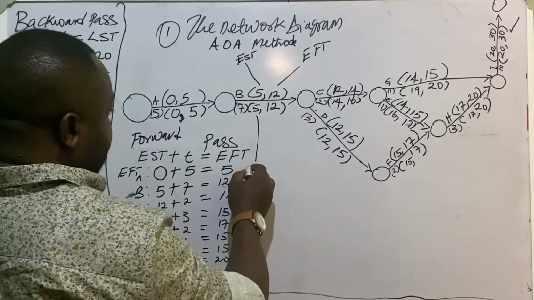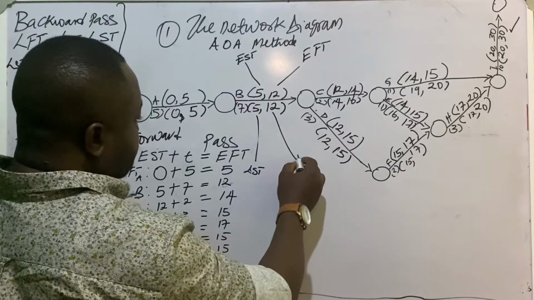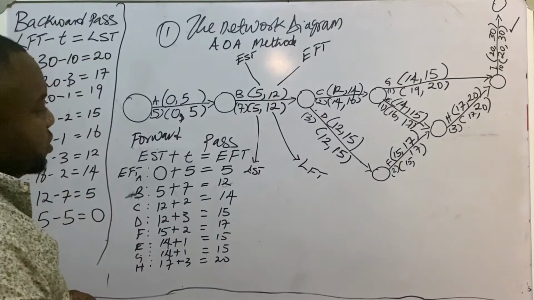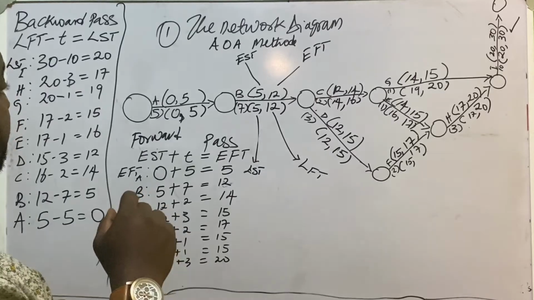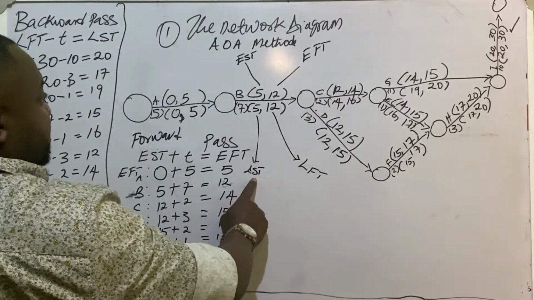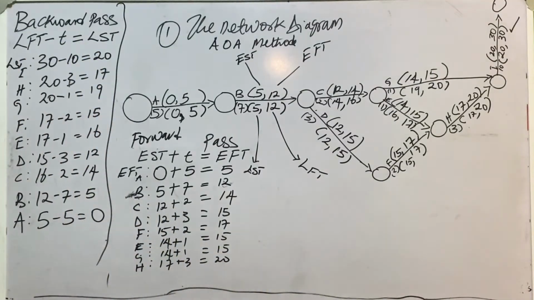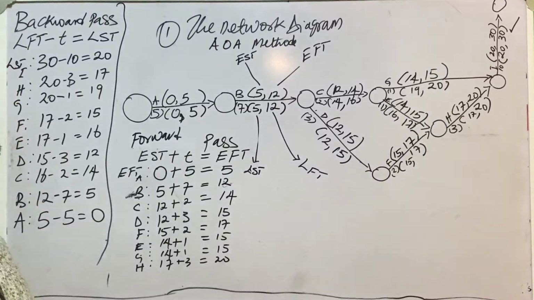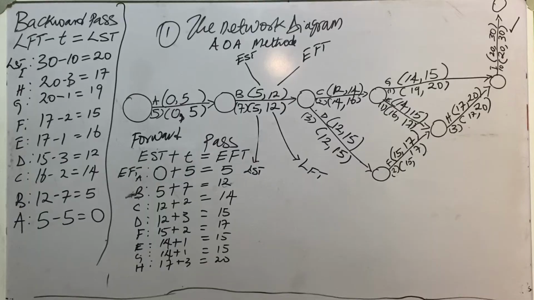This is our latest start time, and this is our latest finish time. So any activity that has the EST equaling LST and EFT equaling LFT is considered critical. And what do we mean by critical? Any extension on that critical path will lead to an extension in the project completion time.